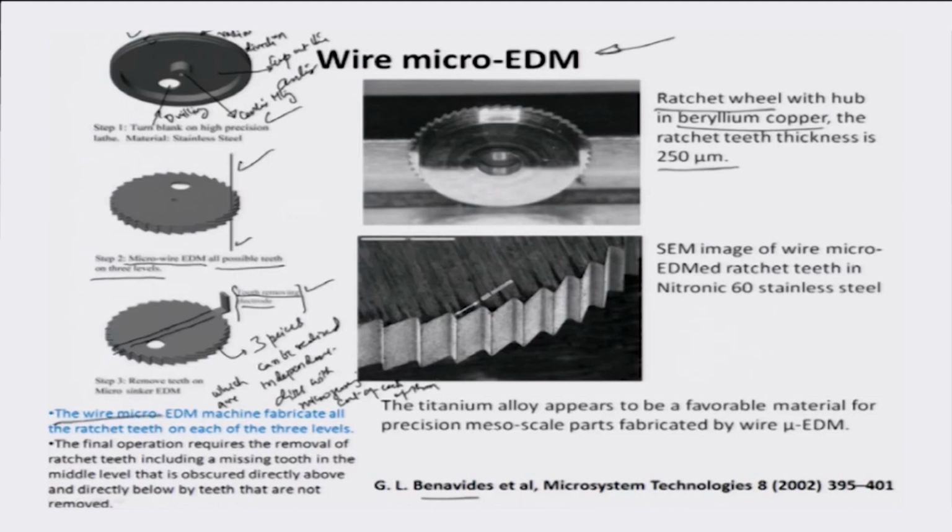So, the wire micro EDM machine fabricates all the ratchet teeth on each of the 3 levels, and the final operation requires the removal of the ratchet teeth, including a missing tooth in the middle level, that is upskirt directly above and directly below by teeth that are not removed.